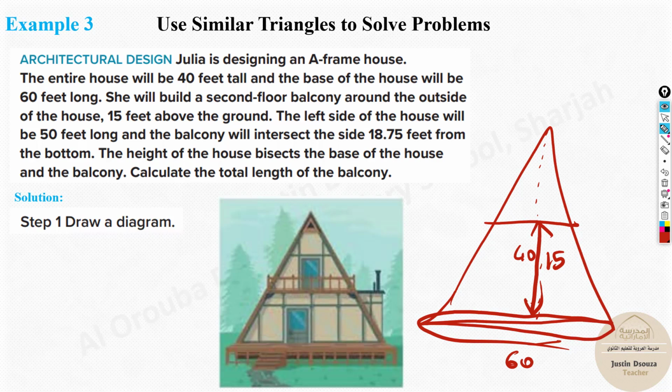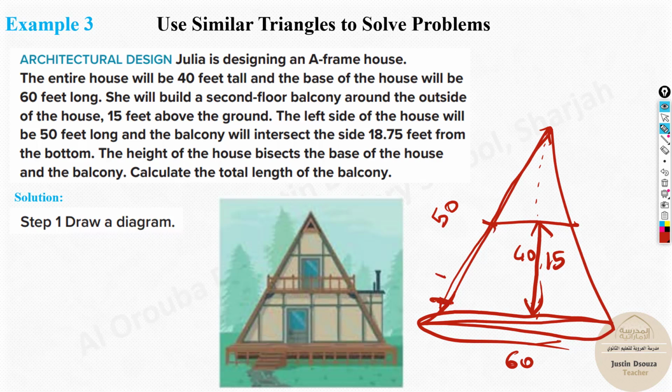Then, what do we need? The left side of the house will be 50 feet long. Okay, they have told this left side. What is this length? The left side of the house will be 50 feet. So this is about 50 feet. And it will intersect the balcony at 18.75.